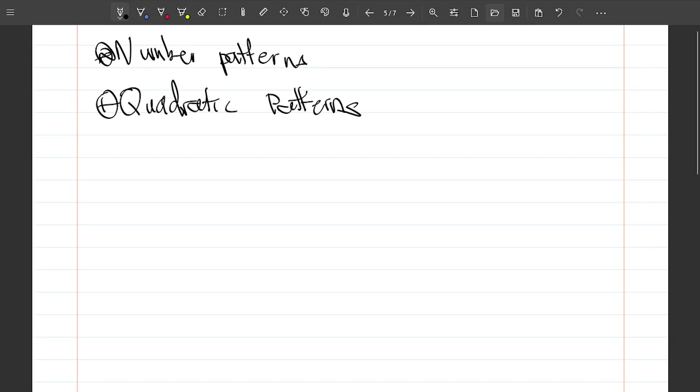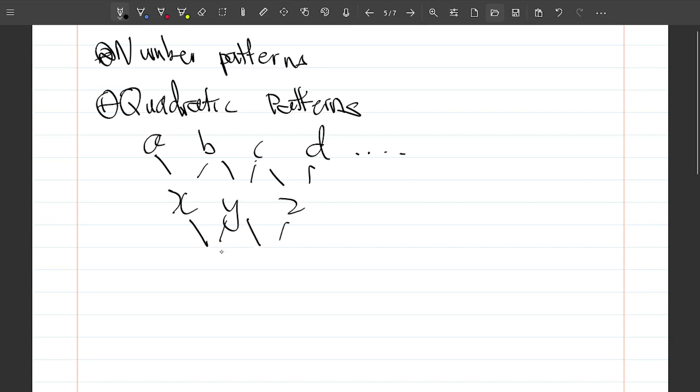So if we have an arbitrary pattern A, B, C, D going on indefinitely, and I subtract these values from each other, the values I get are not the same. However, if I take those differences themselves and subtract them, I'm actually going to get values that are the same.